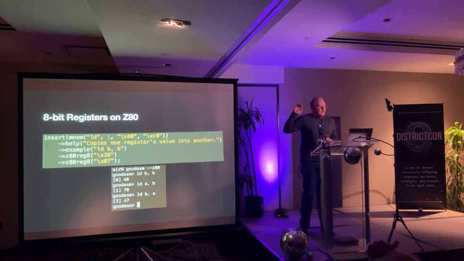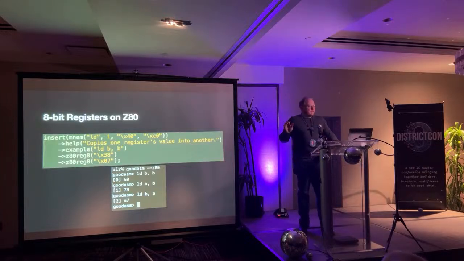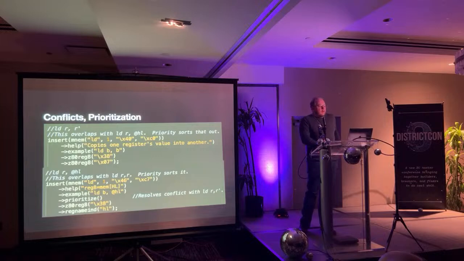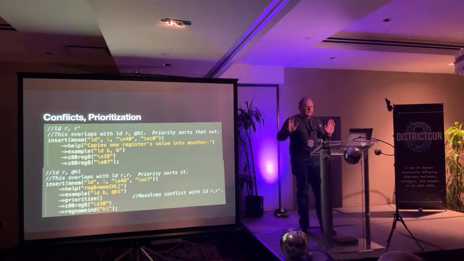Now, with this LD instruction, things get a little weird in one subcase. So I have this prioritization trick. Normally, if the opcode is 40, masked with C0, everything is good.